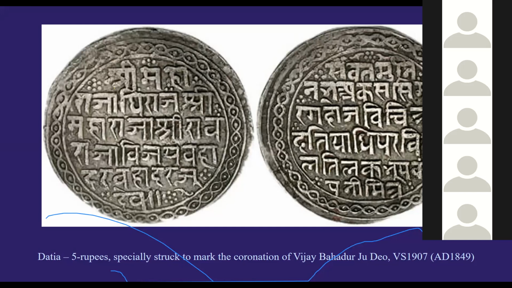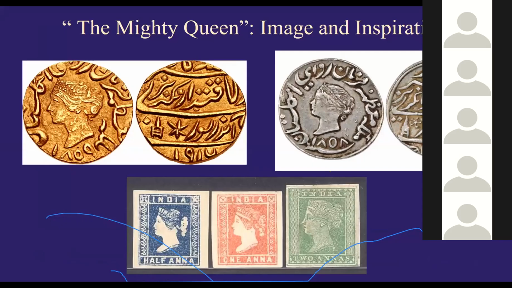In 1857, we have the first great rebellion against all this colonial oppression. A small part of that story is also these coins that were struck to indicate subservience to the British.